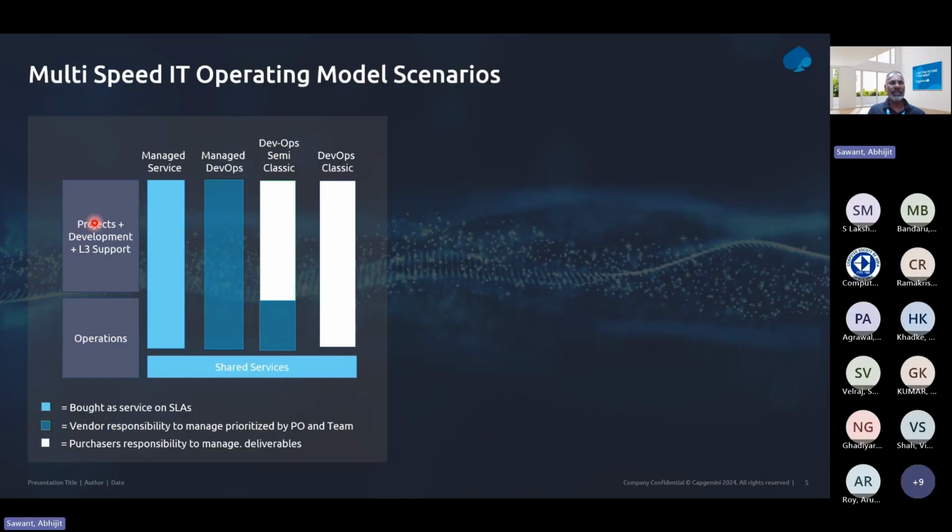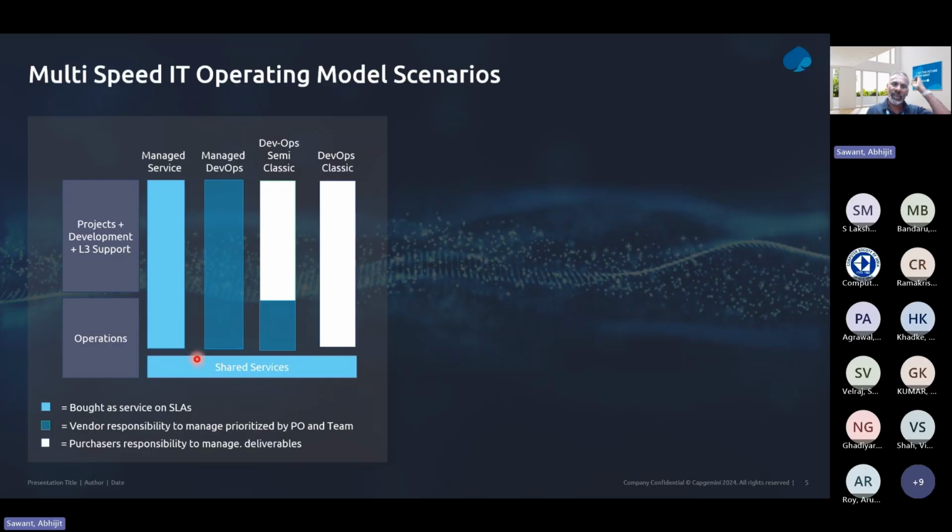Then you have, typically, a lot of services which will be common across all your operating models. It could be your security services, your monitoring services, your network services and so on. So there is a layer, ideally in your operating model, which will cut across the shared services platform.